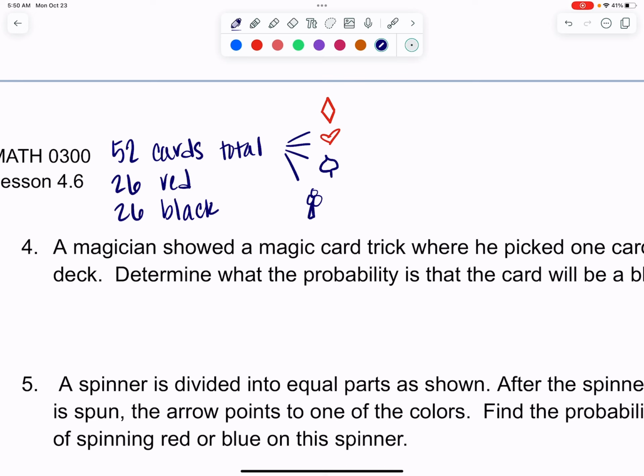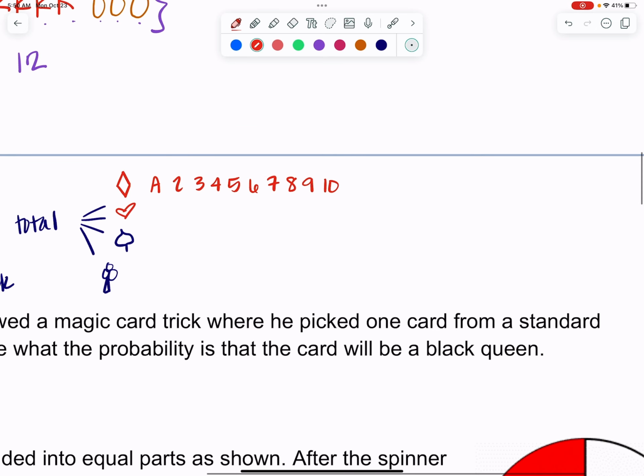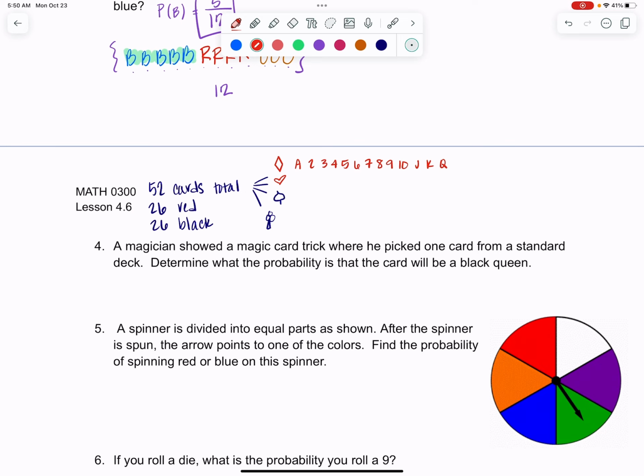Inside each one of these, you get an ace, a 2, 3, 4, 5, 6, 7, 8, 9, 10, and a jack, and a king, and a queen. For every single one of those, I'm not writing it out 4 times. You can figure it out.